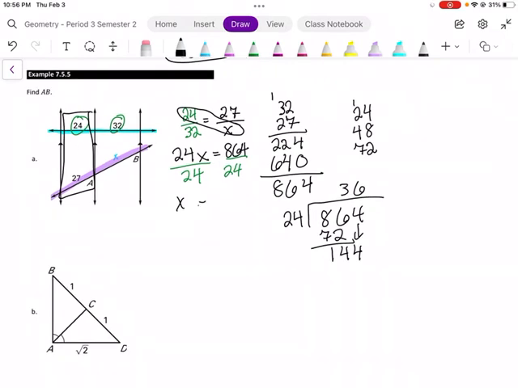So our answer for x for this one will be 36. And remember, you can use a calculator to get your final answer, and then you don't have to do the multiplication and long division.